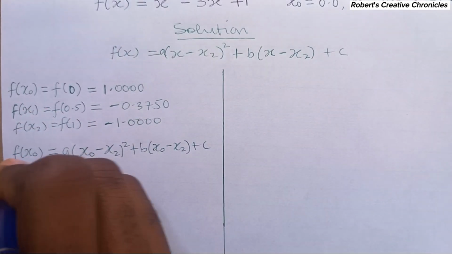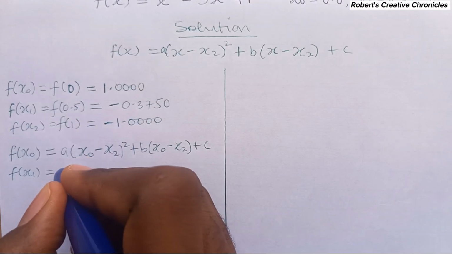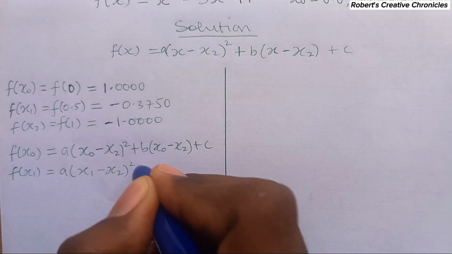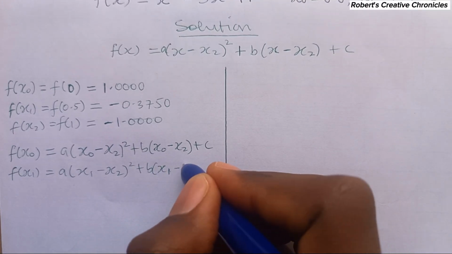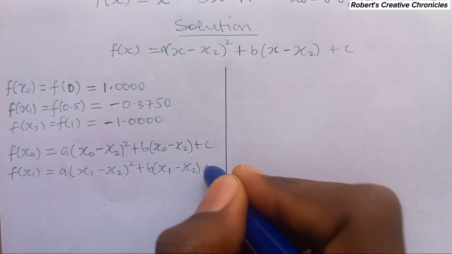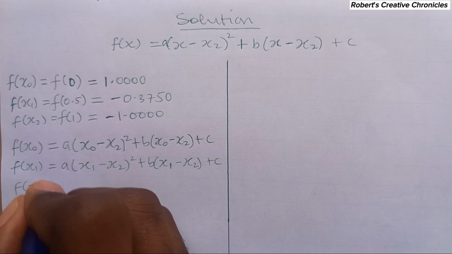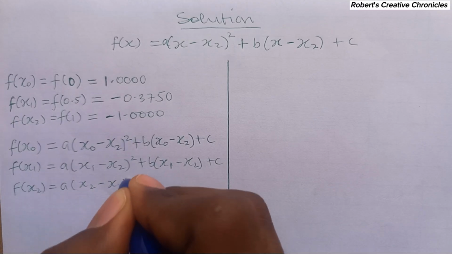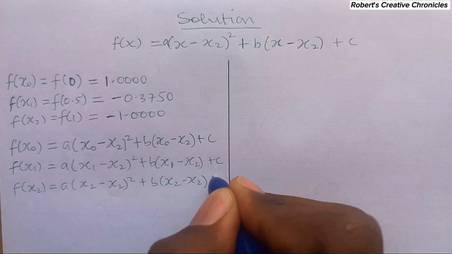Likewise, f(x1) will be a(x1 minus x2) squared plus b(x1 minus x2) plus c. Then f(x2) is equal to a(x2 minus x2) squared plus b(x2 minus x2) plus c.